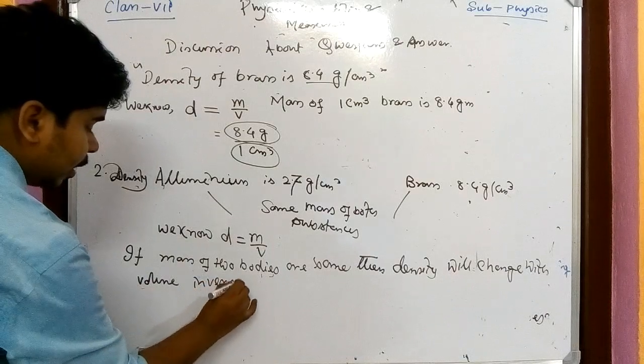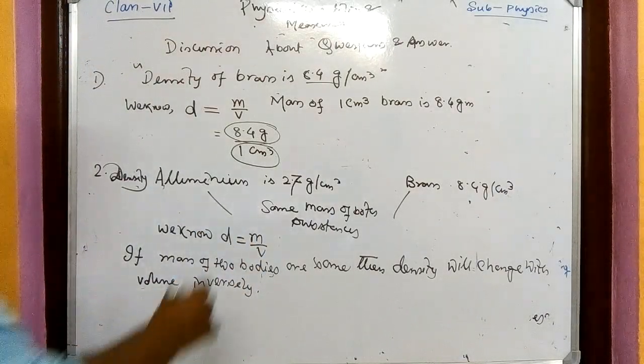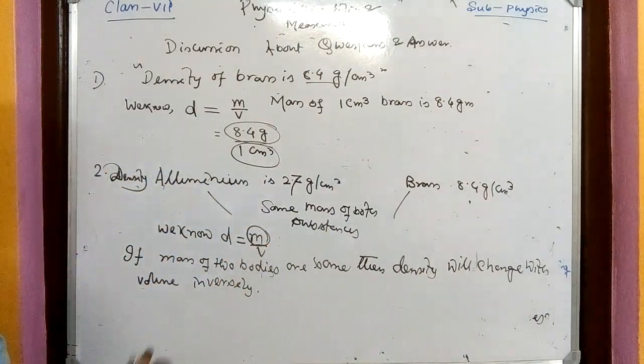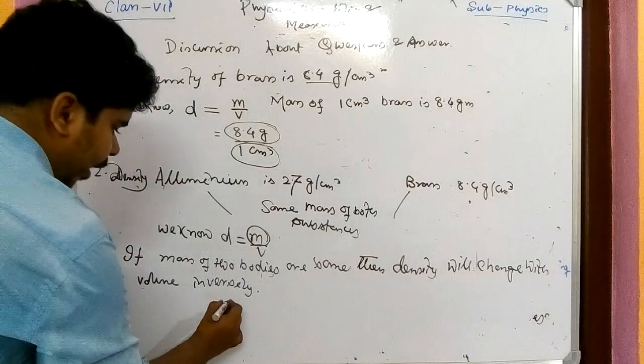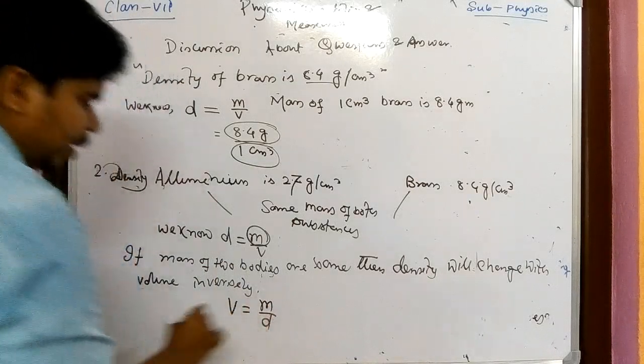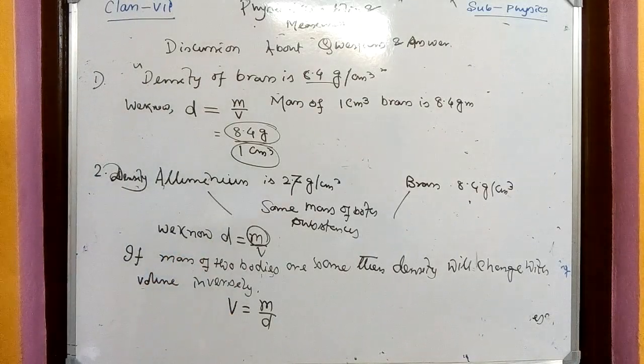Now you may ask, sir, what is inverse? Inversely means, so mass is the same. That means volume equals mass by density. From this equation we can write volume equals mass by density.